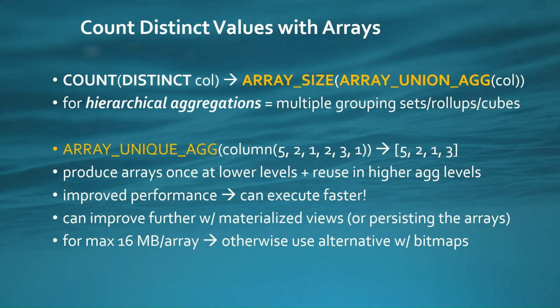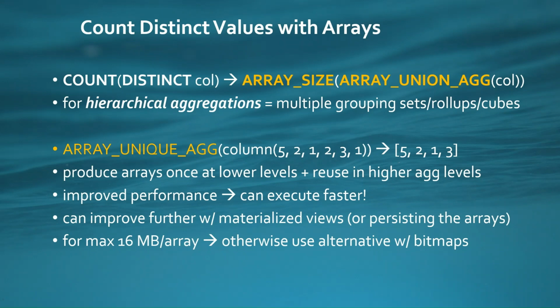Why is this better in these specific use cases? It is because you can produce the arrays once at lower levels and reuse them in higher aggregation levels, in these specific hierarchical aggregations. So you may get an improved performance and your query may execute faster.